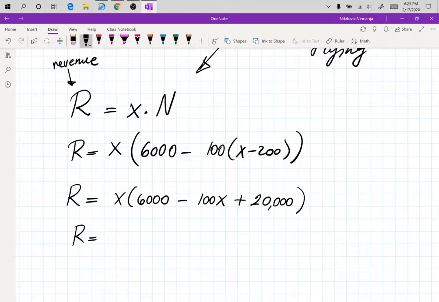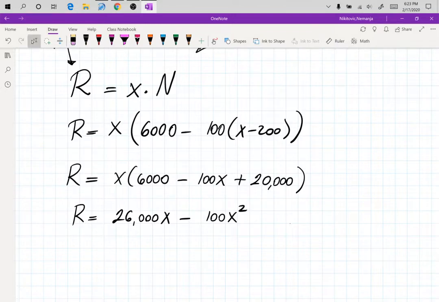Revenue is going to be 26,000X minus 100X squared. And as you can see now, you have your revenue as a function of the ticket price.